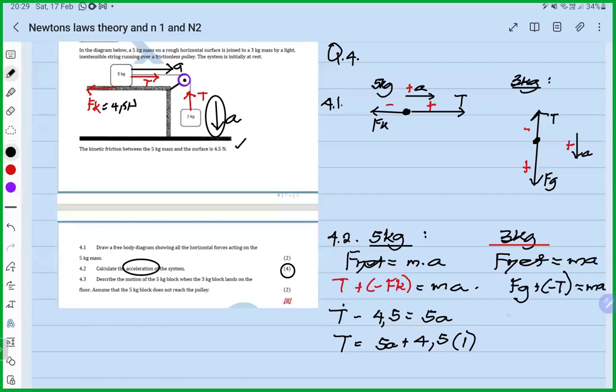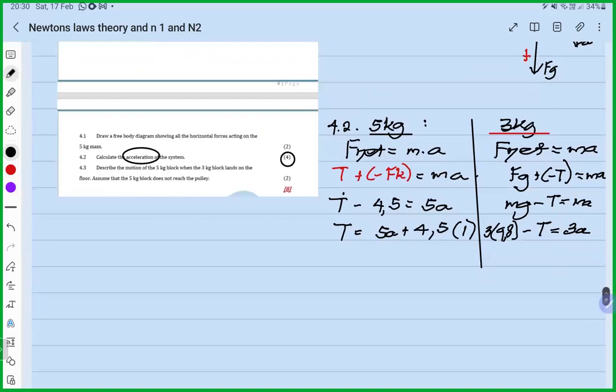Your Fg is mg minus T equals MA. So I'm going to draw a little line there so we don't mix the two up. Your mass is 3, g is 9.8, minus your tension equals 3A. 3 times 9.8, 29.4. Take the 3A across, minus 3A. Take the T across, equals T.